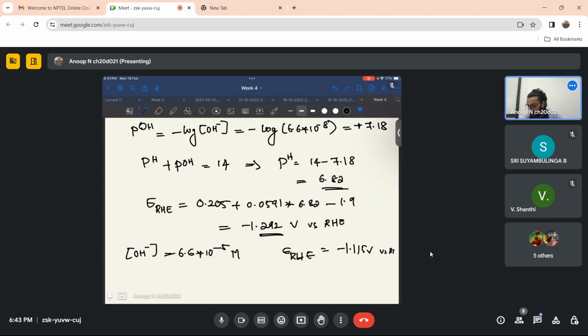How does it come? Because here pOH will be something like 4.2, so pH will be equal to 9.82. Substituting this, you will get the answer. Fine. Is it fine? Shall we move on to the next question?